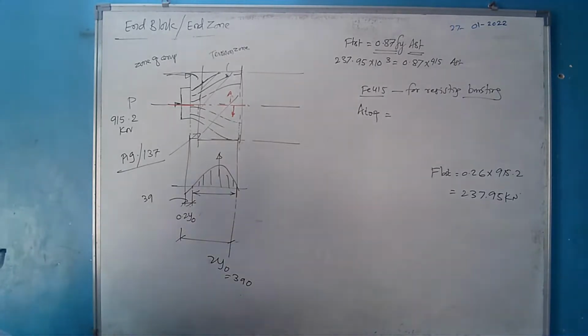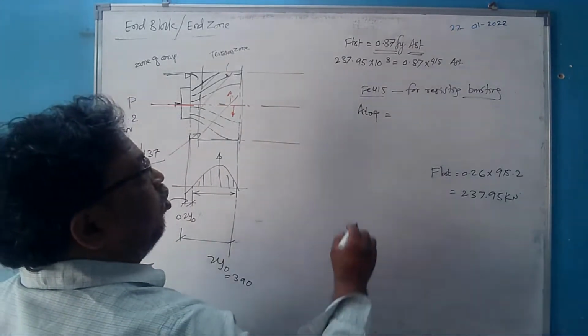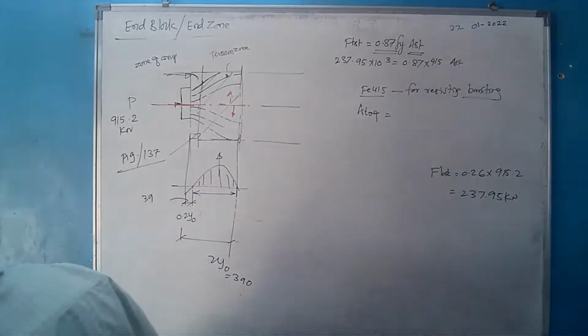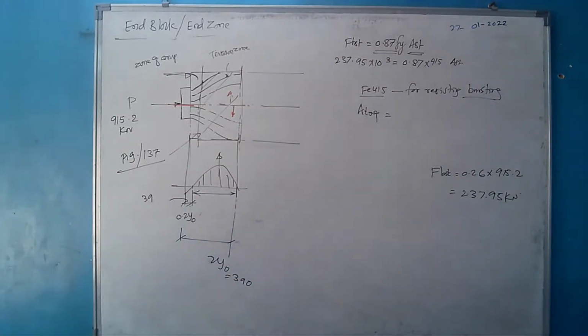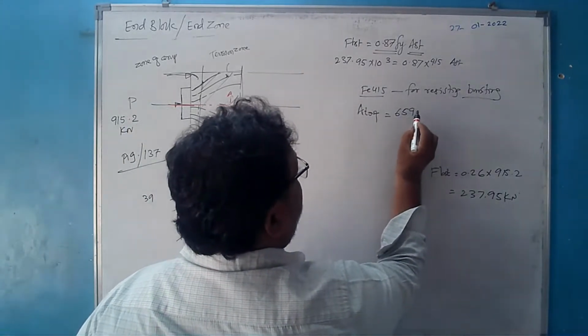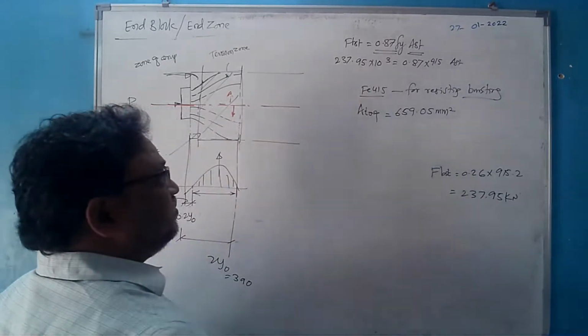We will consider 0.87 times of Fy. So what is the area of steel required? The area of steel required will be 659.05 mm square. Say this is required.